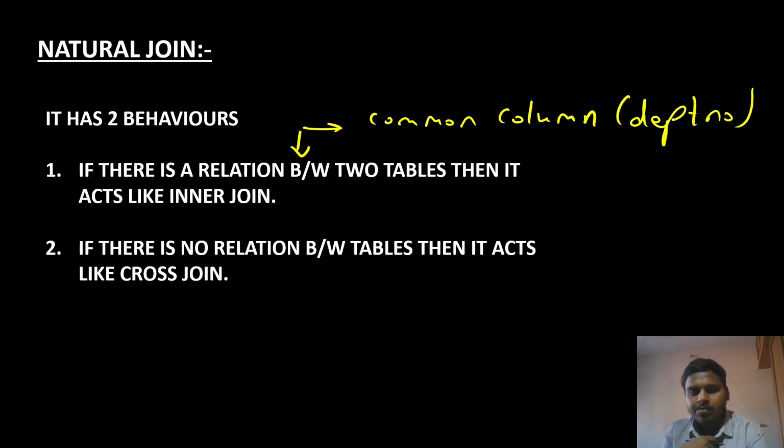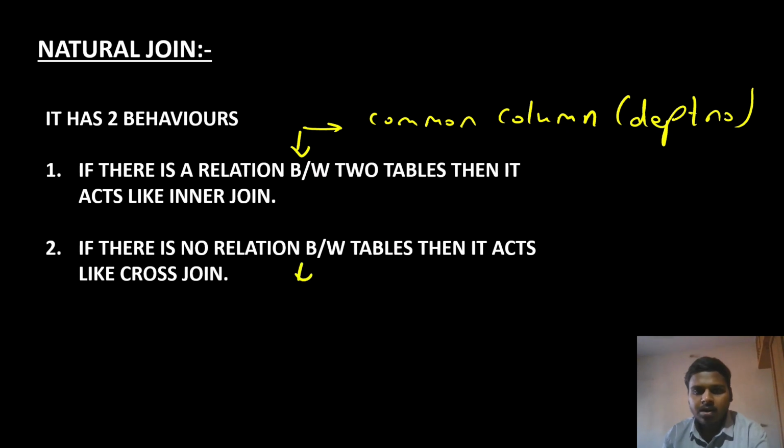I will discuss the other case later. First, just remember for now, if there is a relationship between two tables, it acts like an inner join. But if there is no relationship between two tables, it acts like a cross join. Cross join means all possible combinations.